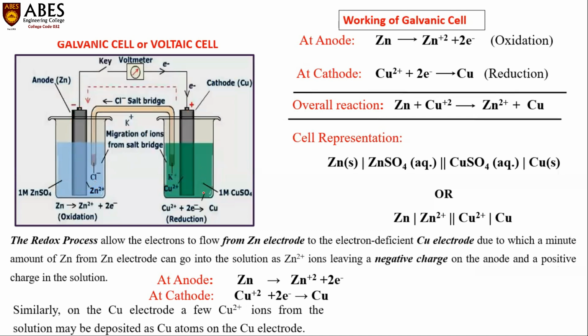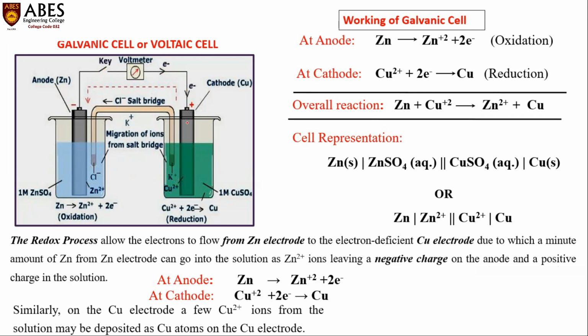Here we have copper sulfate solution, in which copper has +2 charge. This copper accepts the electrons coming from the anode side, converts into copper, and deposits at the copper electrode. So the electron flow will continue from anode to the cathode. Basically, here chemical energy is converted into electrical energy.